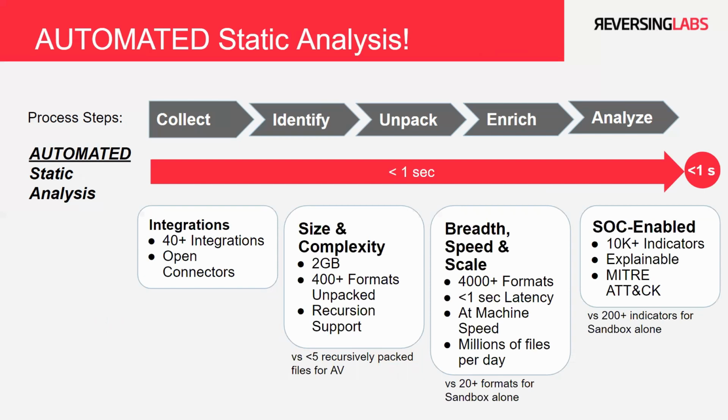And so from a ReversingLabs perspective, we've gotten this whole process down to sub-second time to go through the process of identifying, decomposing, unpacking or extracting, if you will, enriching, which is ultimately gathering the metadata, and then doing the analysis through a variety of machine learning and other alternative analysis classification engines.